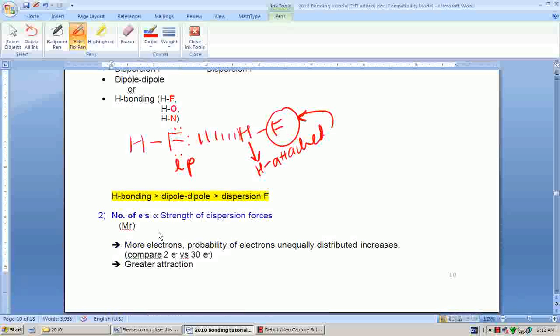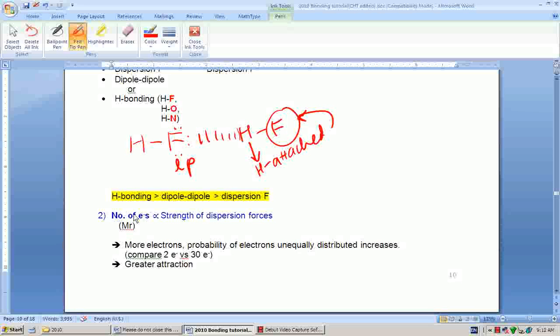So you can compare: if more electrons, the probability of electrons unequally distributed will increase. If you compare a molecule with 2 electrons versus one with 30 electrons, you expect the one with 30 electrons to have a greater charge difference, and hence greater strength of dispersion forces.